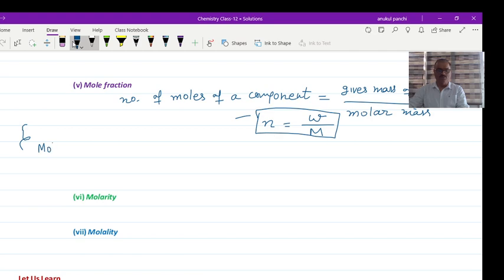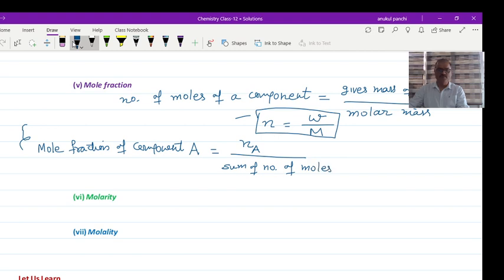So mole fraction of component A will be equal to number of moles of component A divided by the sum of number of moles of all components.